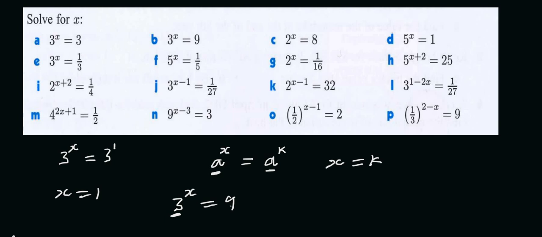This can be written as 3 exponent x is equal to 3 exponent 2. You see that now you have the same base, so automatically x will be equal to 2. I hope it makes sense.